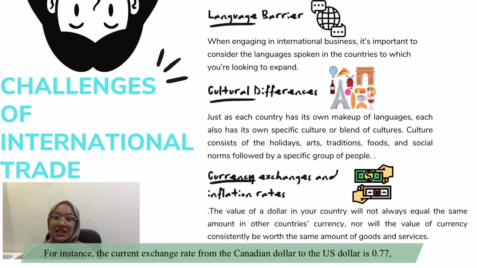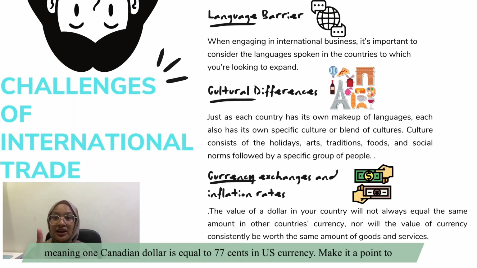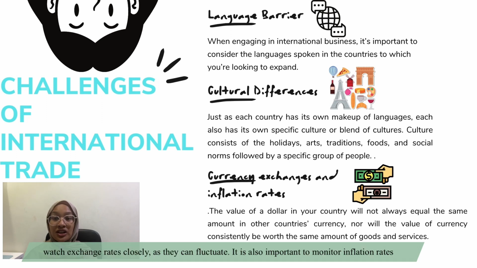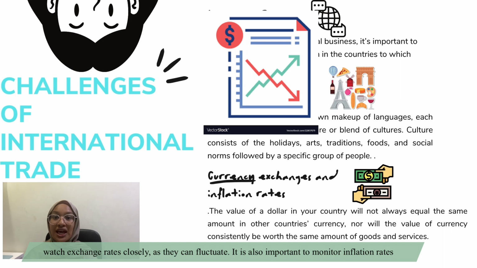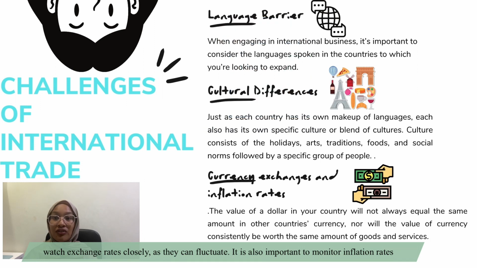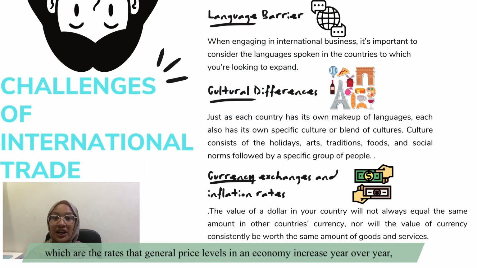For instance, the current exchange rate from the Canadian dollar to US dollar is 0.77, meaning 1 Canadian dollar is equal to 77 cents of US currency. Make it a point to watch exchange rates closely as they can fluctuate. It is also important to monitor inflation rate, which is the rate at which the general price level in the economy increases year over year.